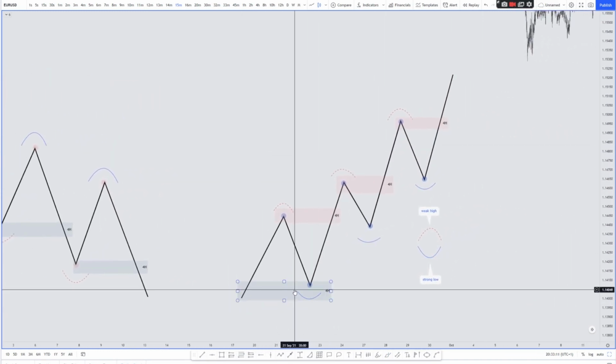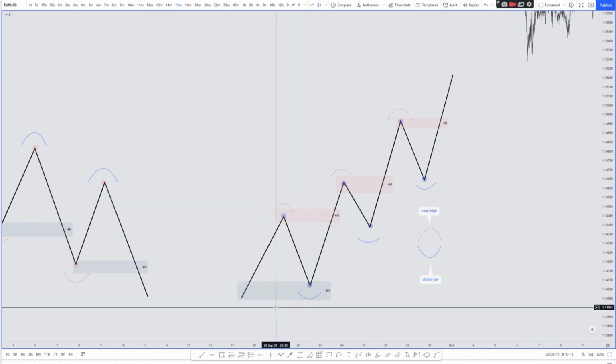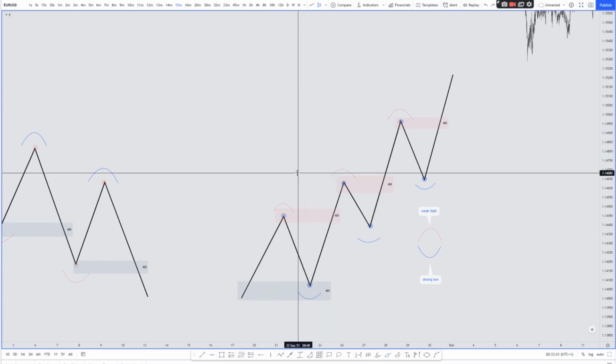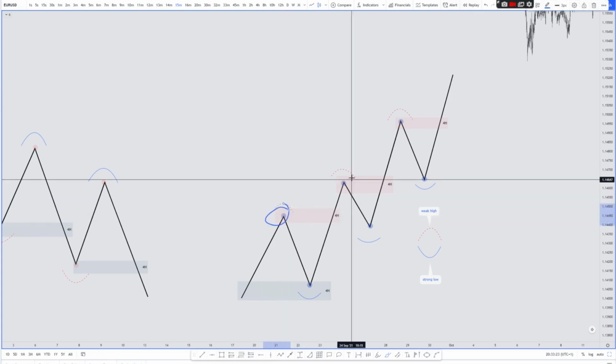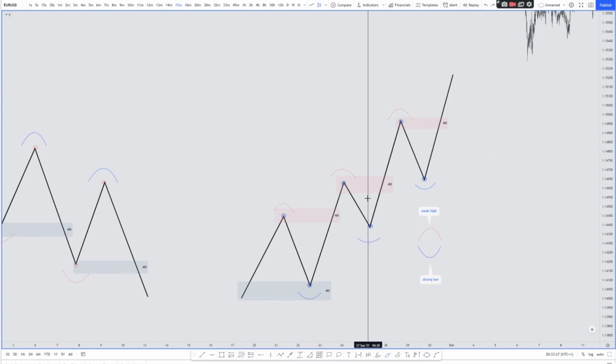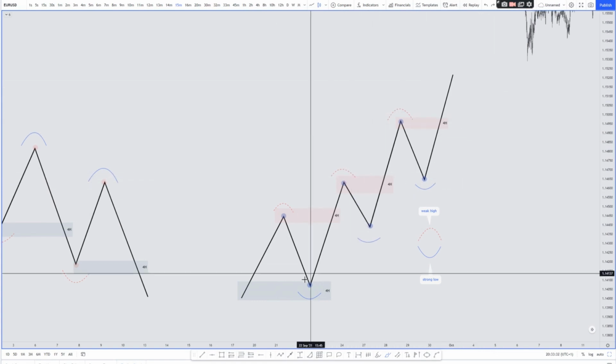Here we have strong lows and weak highs. As long as demand is in control and we are in a bullish trend, my expectation is that these highs are going to keep running. And this is to continue until the highs are no longer being run and supply takes control.